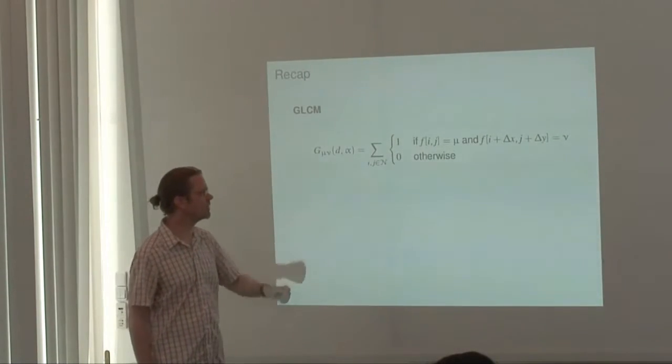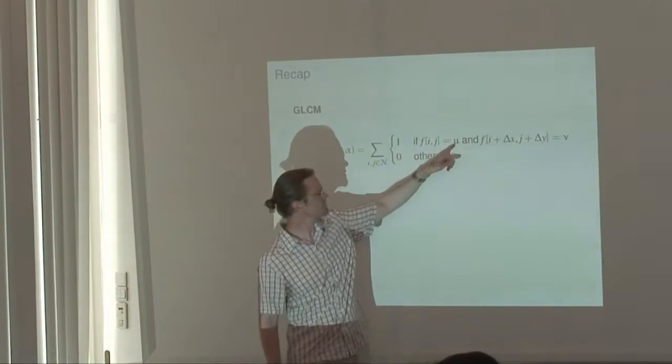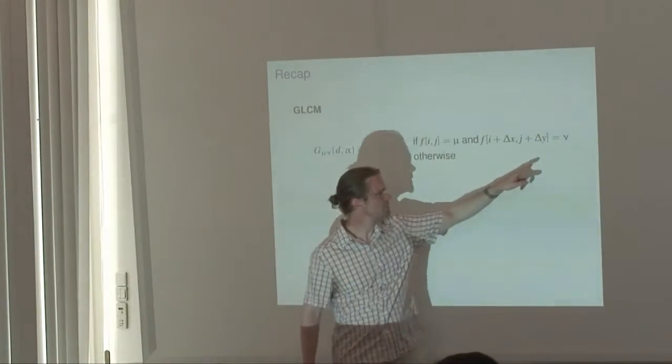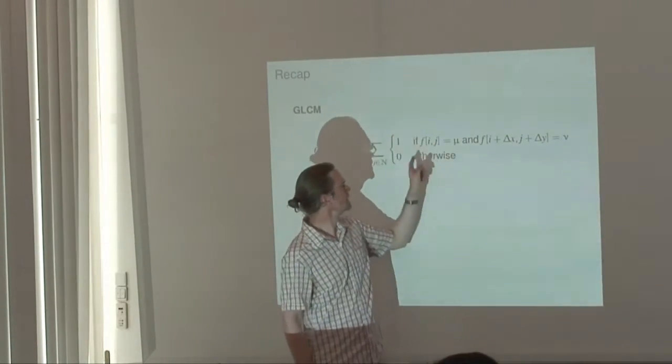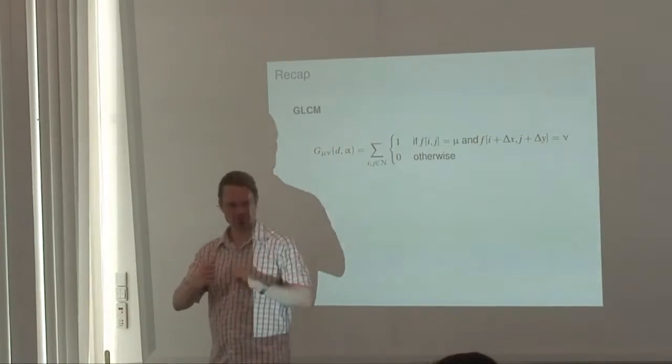So this counts how often we observe a pixel with an intensity of mu and a pixel with an intensity of mu in a certain spatial relation to each other.